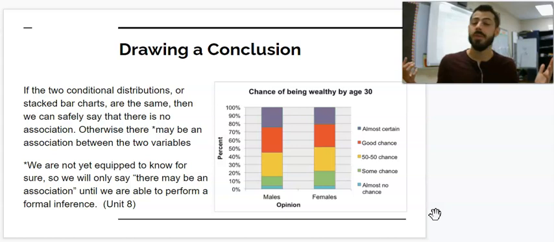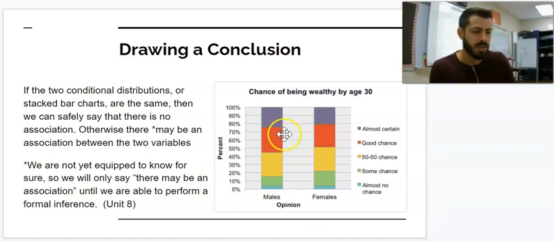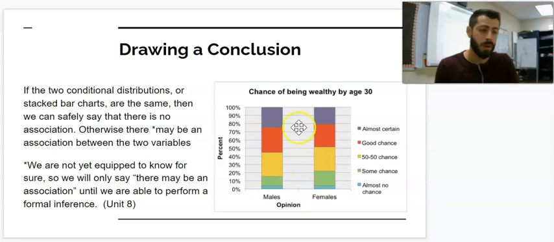Because if there's no difference between being a male and being a female, as far as your probability of getting rich goes, then the conditional distributions should look the same, because if there's no difference, then it wouldn't matter. So all you have to do is look at the segmented bar charts, and if they don't line up perfectly, then you say, we may have an association between the two variables.